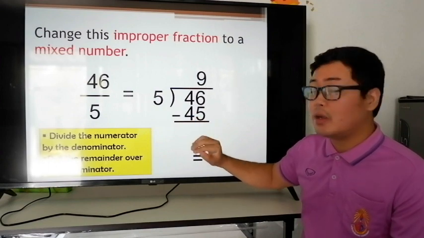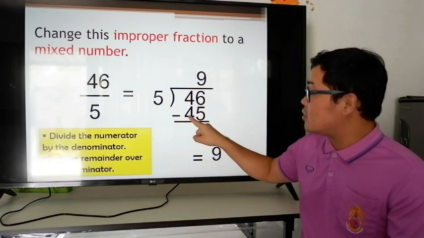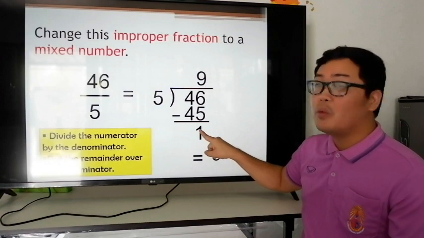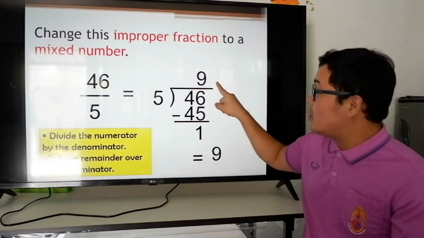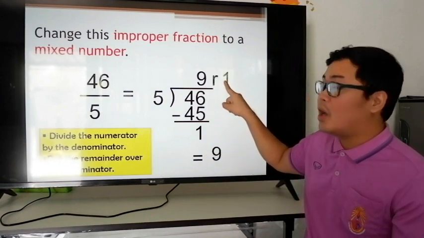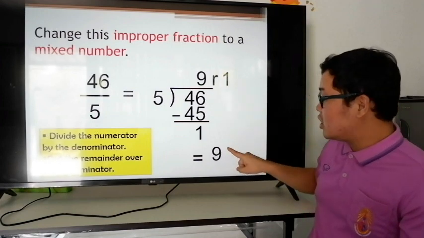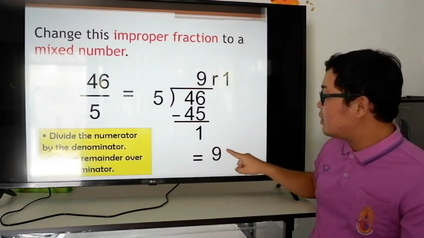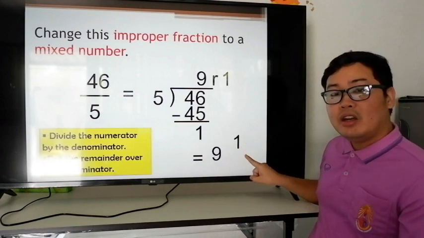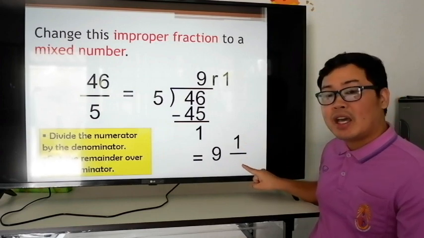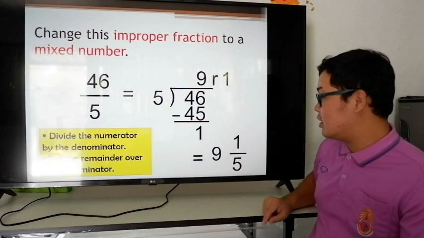So let's minus this one. 46 minus 45 is equals to 1. So that's why we have our remainder 1. So this is our numerator. So we write this one as 9 1/5.